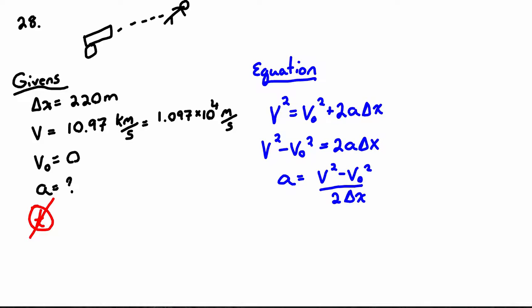Alright, so now I'm just going to substitute in my values. And my v, I have that big number, and that big number is squared. v0 is 0, over 2, and my delta x is 220.